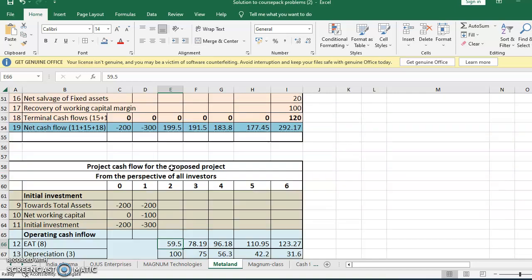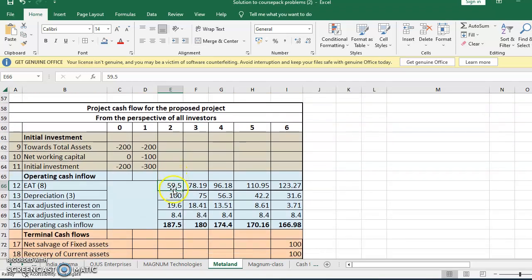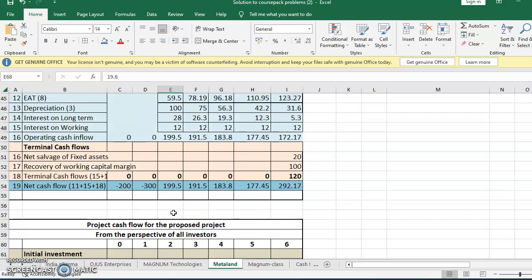Same way, we have to take the operating cash flow from the point of view of total resources or all investors. So what is it that we have done? It is 1 minus T, right? We have to take 0.30 as a tax. So 59.5. Now for instance, I'll just show you how 19.6 is arrived at. Now what is the interest on long term? 28.